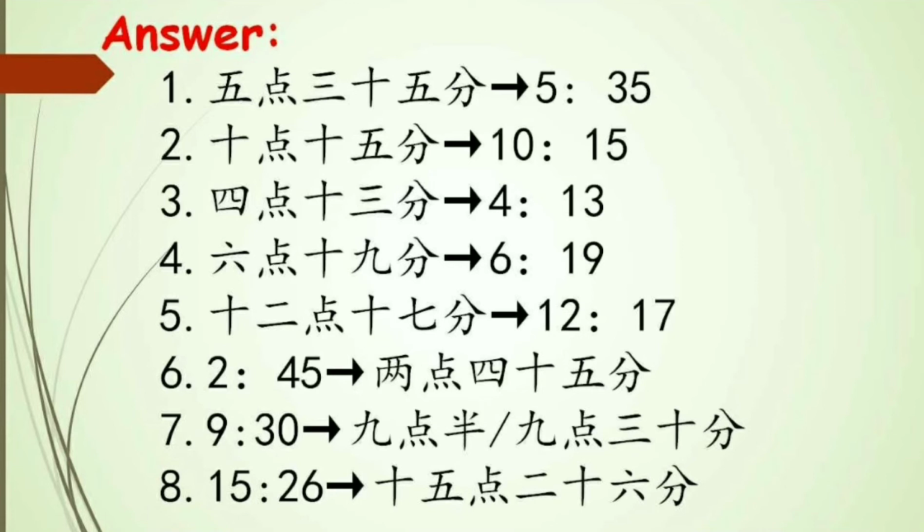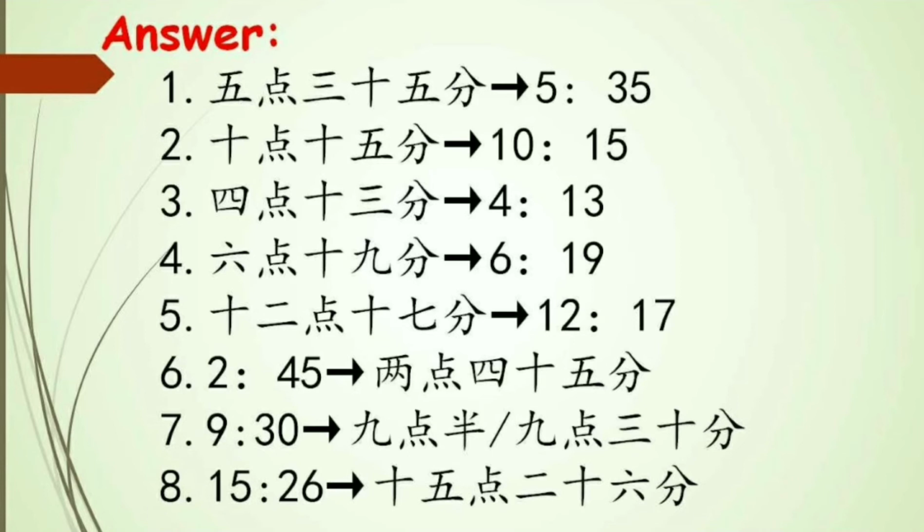5点35分. First, we have to know the 5. 35, so it means 点 and 分: 5 o'clock 35 minutes. Next one, 10点15分, 10, 15, so it means 10 o'clock 15 minutes.